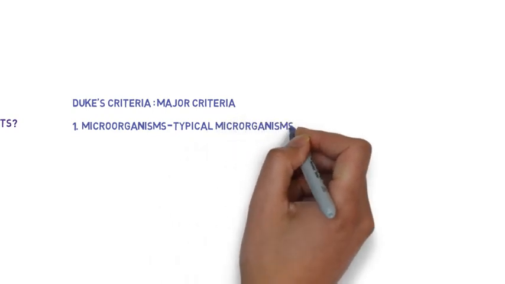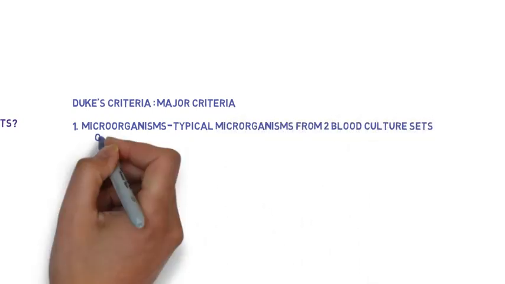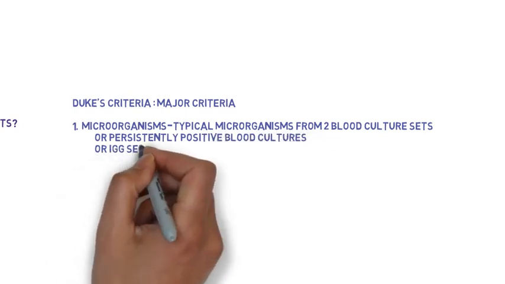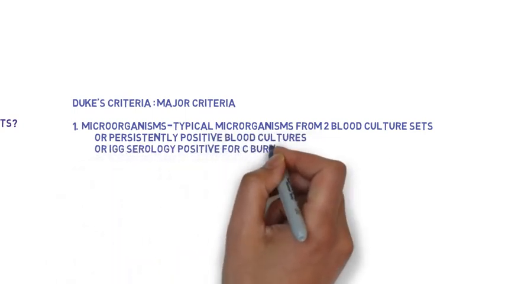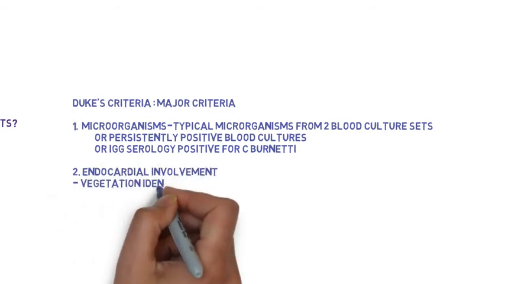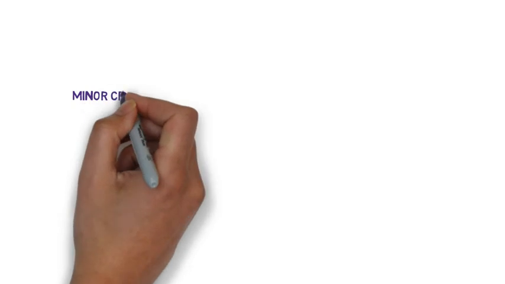So the major criteria are typical microorganisms from 2 blood culture sets or persistently positive blood cultures, and also endocardial involvement. This is most commonly picked up on the echo.